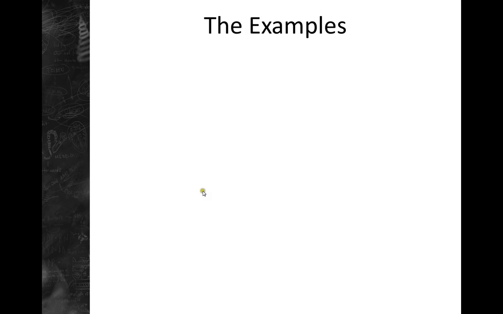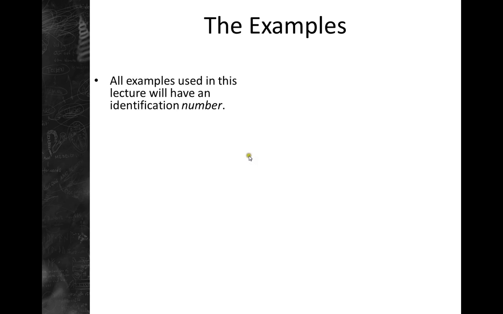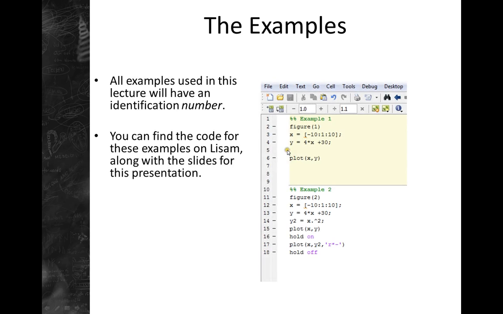During these videos I will rely extensively on some coding examples I have prepared, and all the examples have a number, and when they are used this is shown in a very clear way in this presentation, and you can find the code for these examples on LISAM along with the slides. The code would look like this. There will be lots of cells here with code for how to generate these.